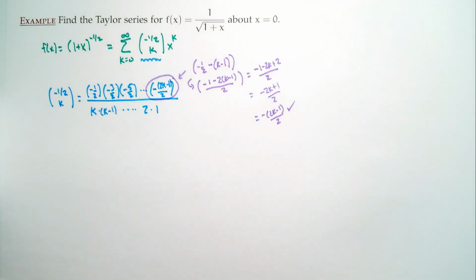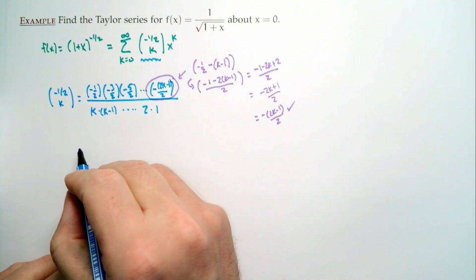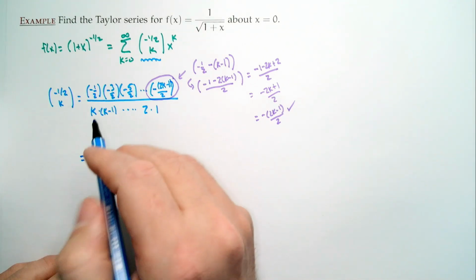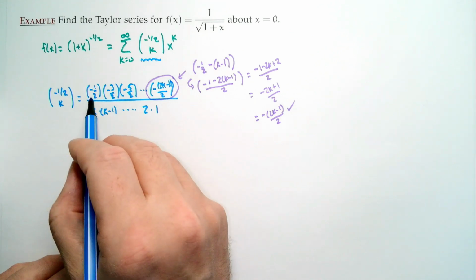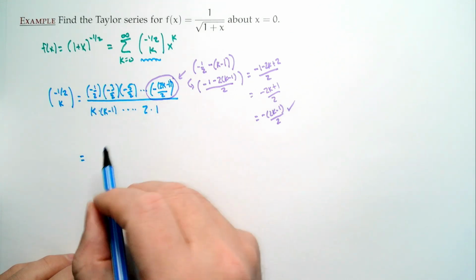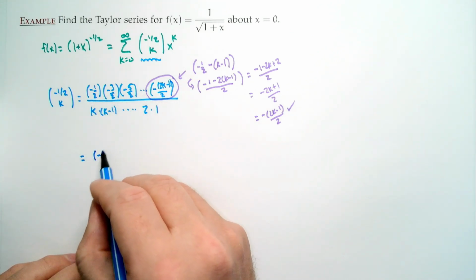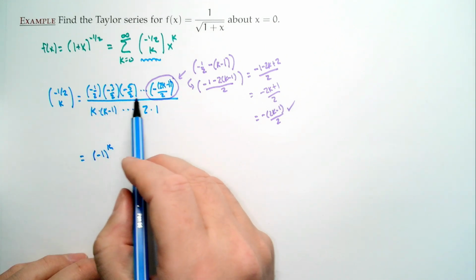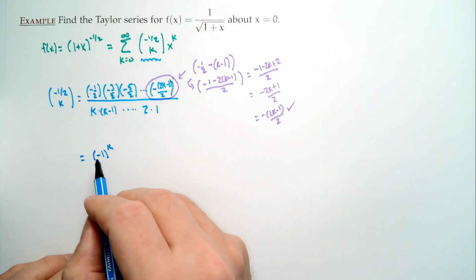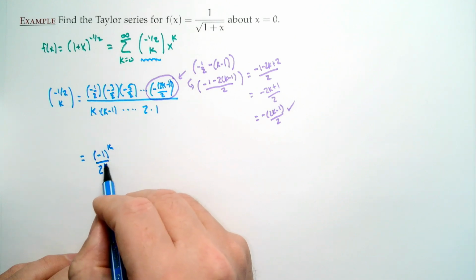Back to work. So, let's clean this up. So what do we have? Well, upstairs, all these terms here are negative, and there's a total of k terms. So I'm going to pull out all those negatives, so minus 1 to the k. All the terms here also have 2's in the denominator, so I'm going to pull that out, 2 to the k.